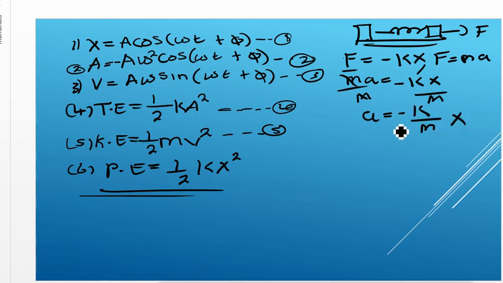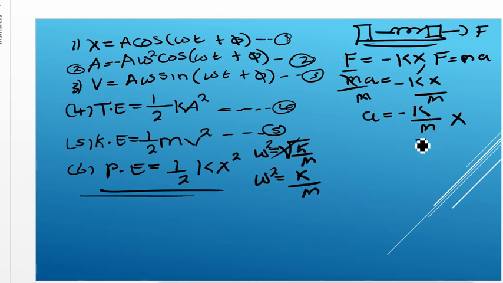you are going to come up with a equal to negative k over m x. Remember, omega is equal to the root of k over m, meaning omega squared is equal to k over m.